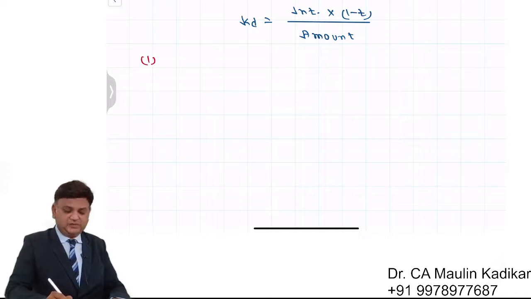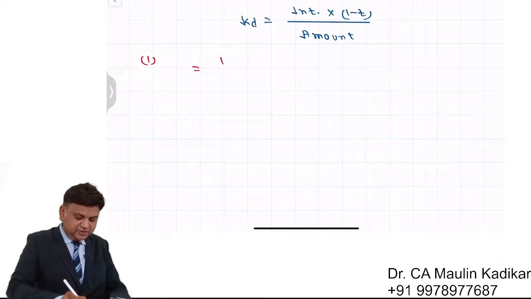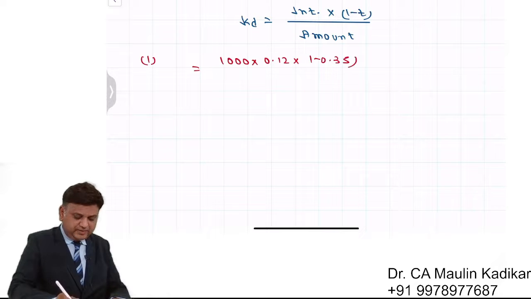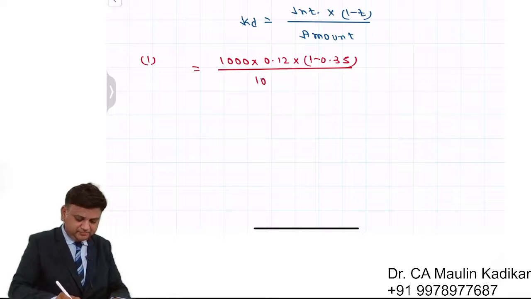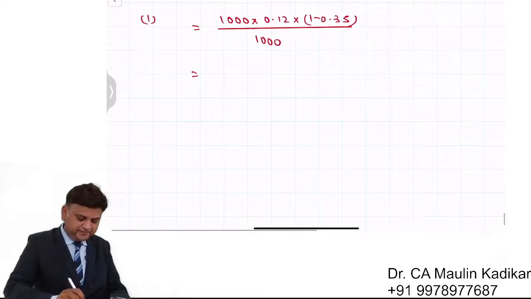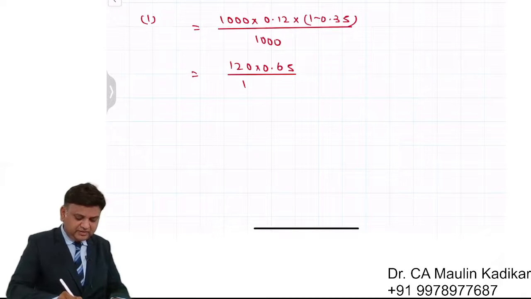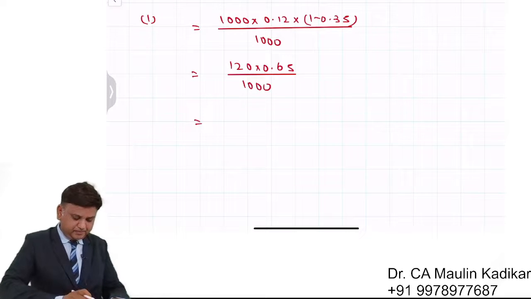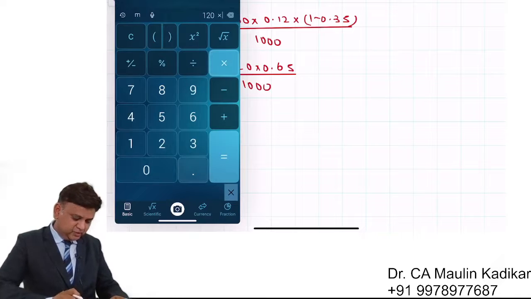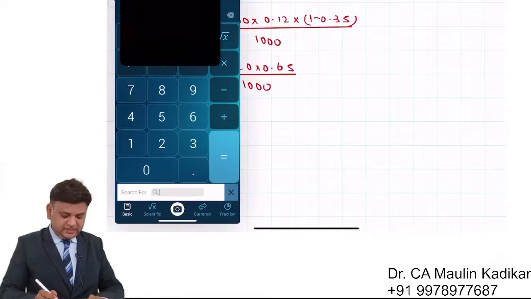So answer of the first part of the question, in which the security is issued at face value. We'll make the calculation like this: 1000 into 12% into 1 minus 0.35 whole divided by 1000. So 12% of 1000 is 120 into 0.65 divided by once again 1000. 120 into 0.65, 78.